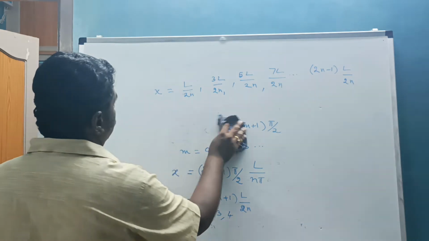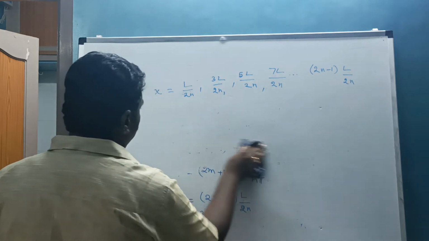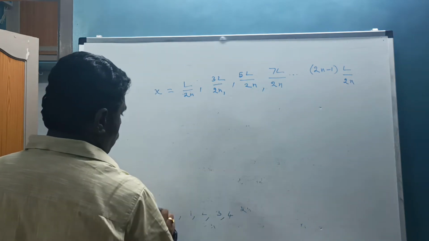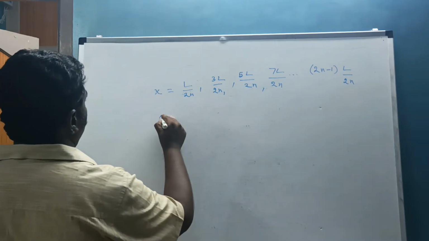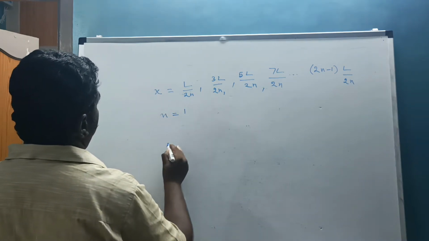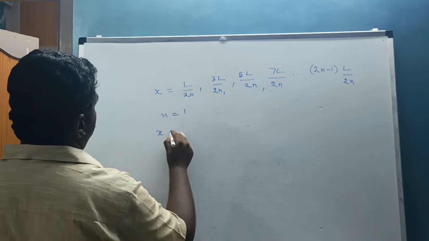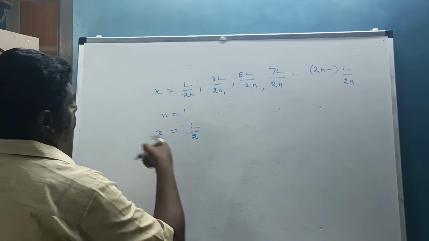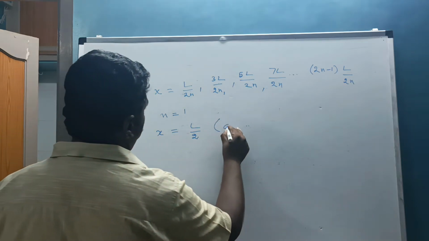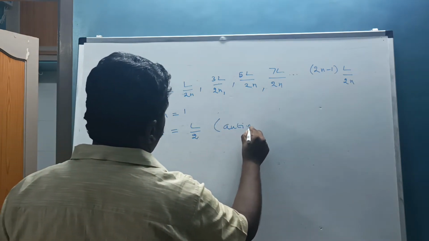Suppose the value of n is given to you. n is equal to 1. We can get x equal to L by 2. Only one antinode we can get. This is the position of antinode.